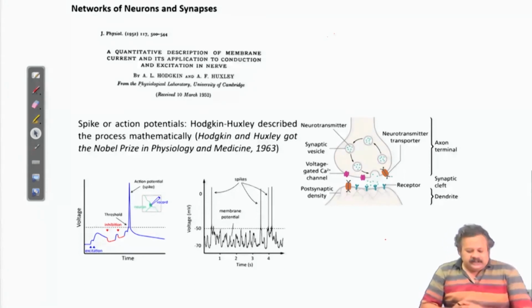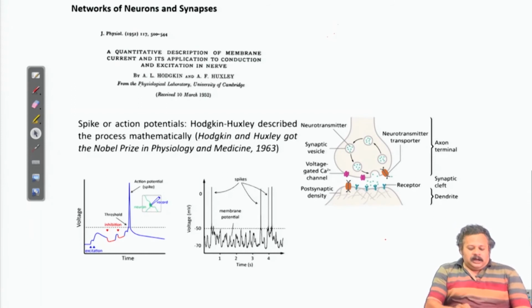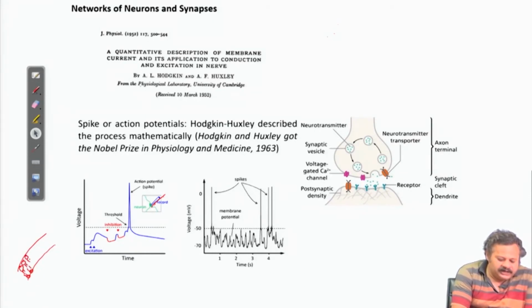So, what is this action potential? If we were to measure or record somehow, as described here, the membrane potential of the neuron from its soma, let us say this is the membrane of the neuron. We have a lipid bilayer, as described here, which separates the inside and outside of the neuron. Let us say this is the inside and this is the outside.